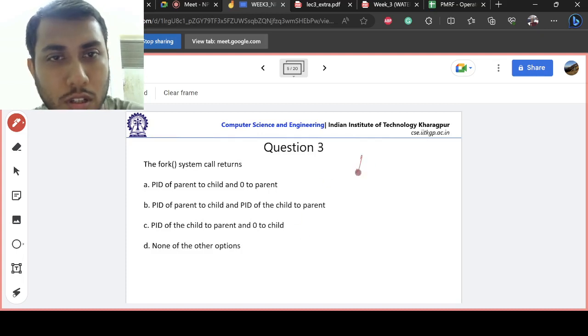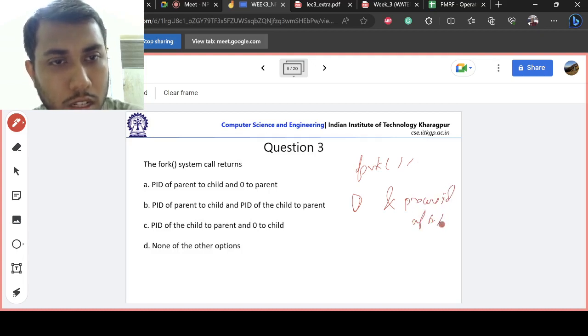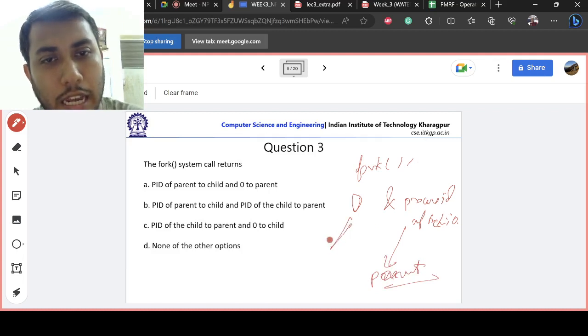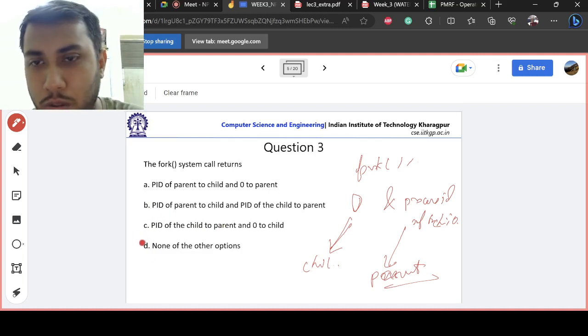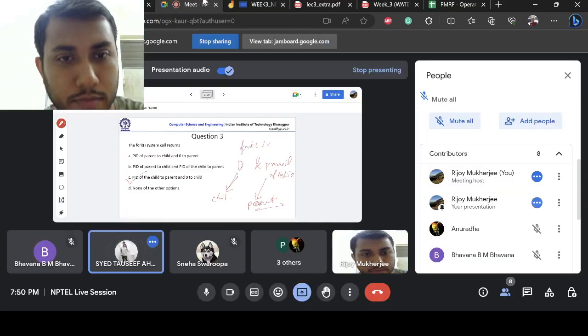So the fork returns two things: 0 and the process ID of the child. To the parent it sends the process ID of the child, and to the child it sends 0. PID of child to parent and 0 to child.